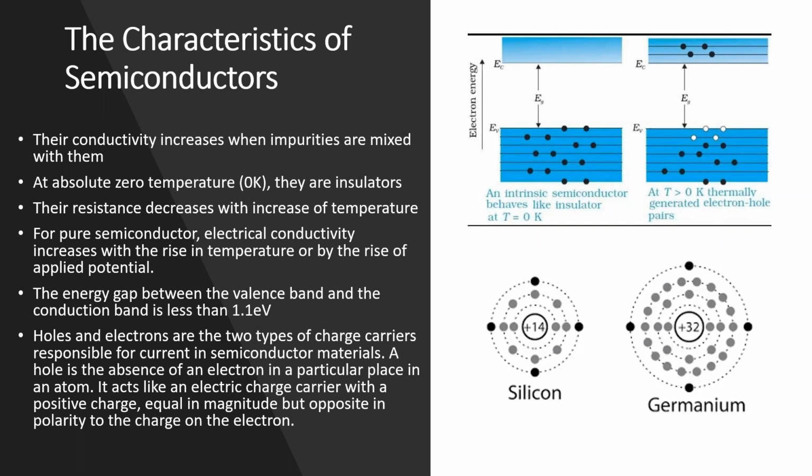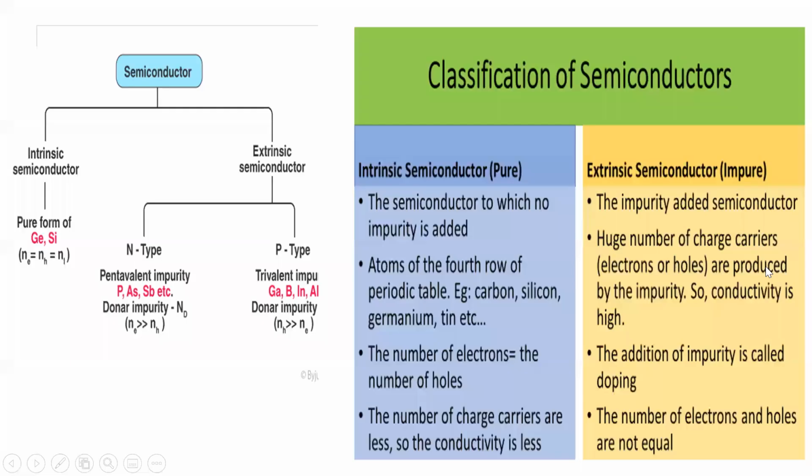So are the characteristics of semiconductors clear to you? Yes, teacher. Okay, so let us see the classification of semiconductors. So the semiconductors are broadly classified into intrinsic semiconductors and extrinsic semiconductors.